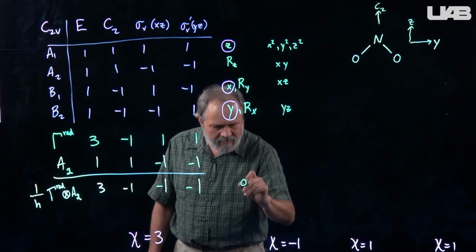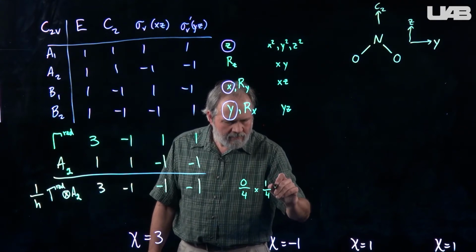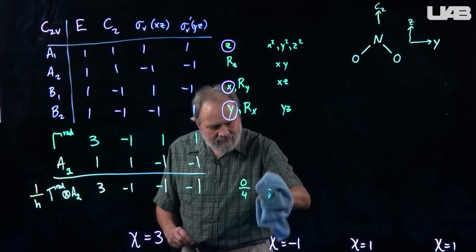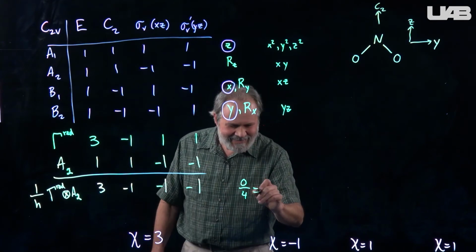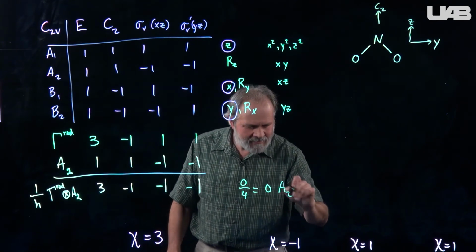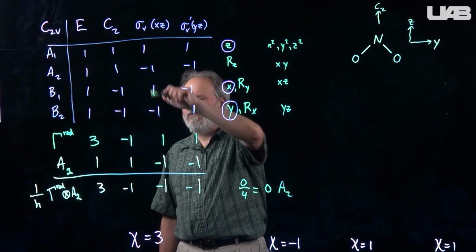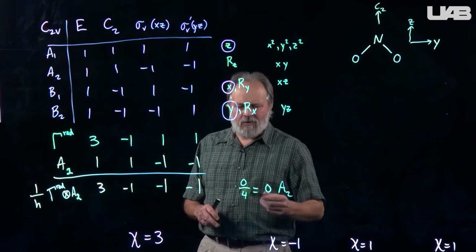So 0 divided by 4 equals 0. Hopefully you can figure this out. 0 A2s. I'm going to do one of the other examples, and you should be able to show for yourself that for the very last one you should get a 1 as well.